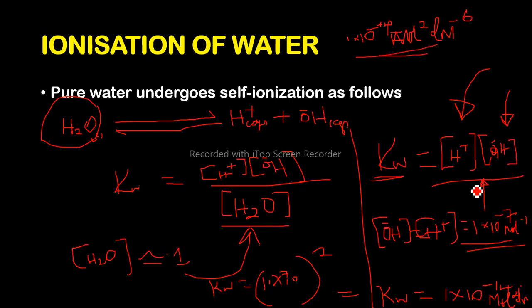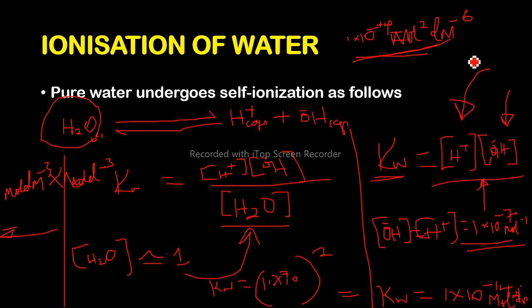We have gotten moles per decimeter cubed times moles per decimeter cubed. And so what do you get? You get mole squared decimeter power negative 6.